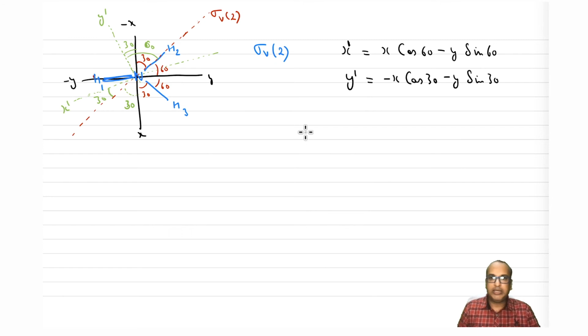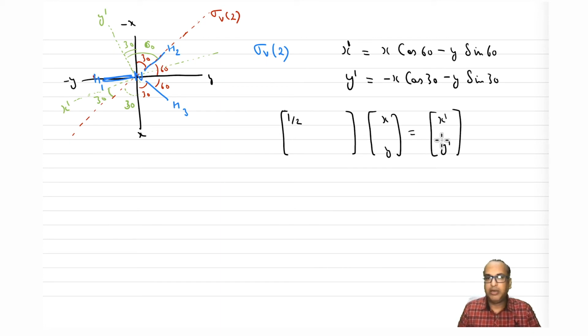So if we want to write this whole thing in matrix form, cos 60 will be equal to 1 by 2, and let's write down x y, which changes to x prime y prime, similar to what we did for rotation, right?